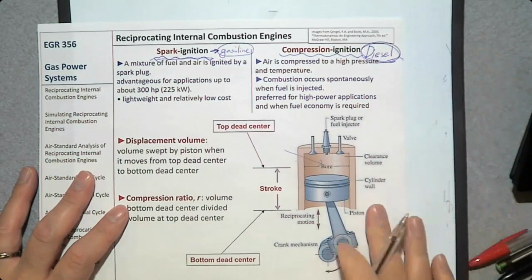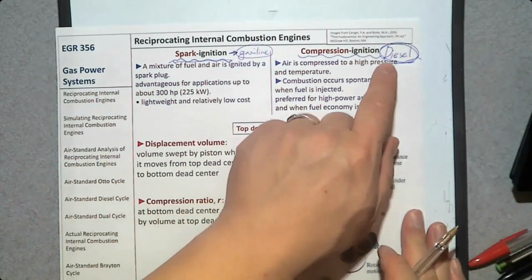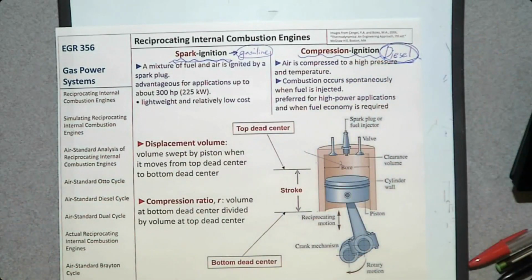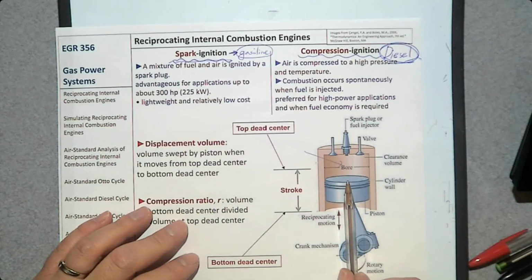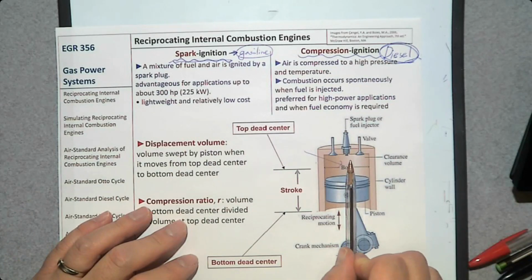That is spark ignition. On the other hand, compression ignition is the diesel engine, and in this case, we don't provide a mixture of fuel and air. Instead, only air enters this piston cylinder device, and the piston is going to compress this air up to a very high pressure and temperature.